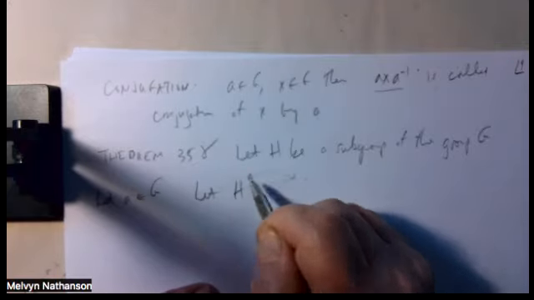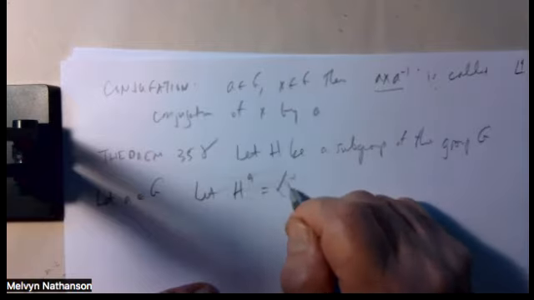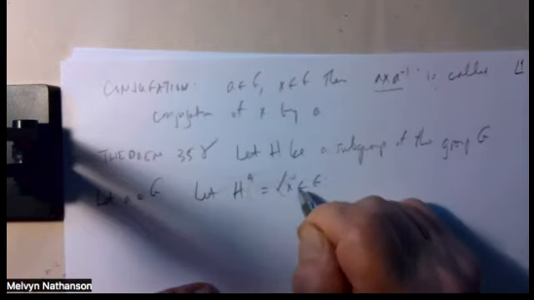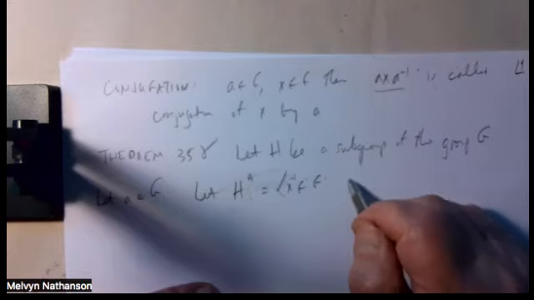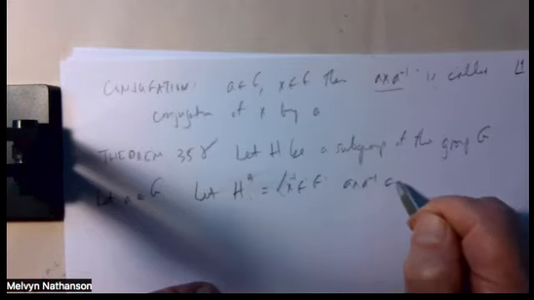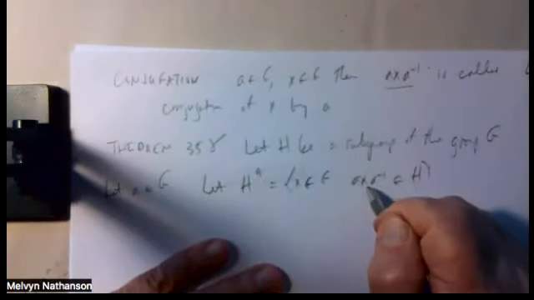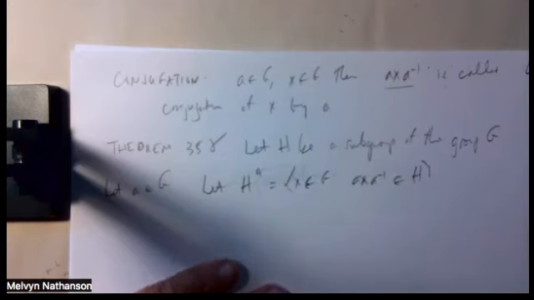Let H superscript A be all elements X in G such that A X A inverse is in H. So we look at all elements X in G where A X A inverse is in H.